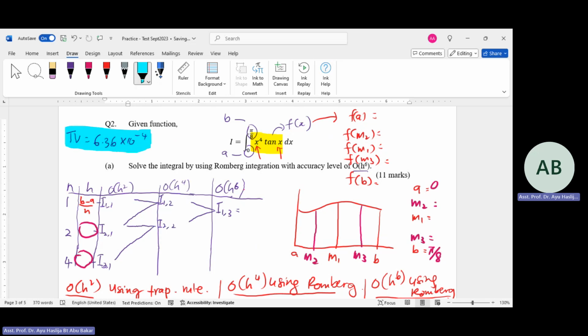Do you get the same value? The true value, yeah? Quite small. So if your final answer is within that range, it should be true.